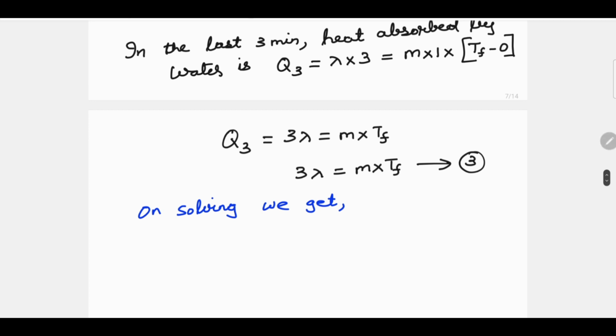So we get Ti equals minus 32 degrees Celsius and Tf equals 48 degrees Celsius.